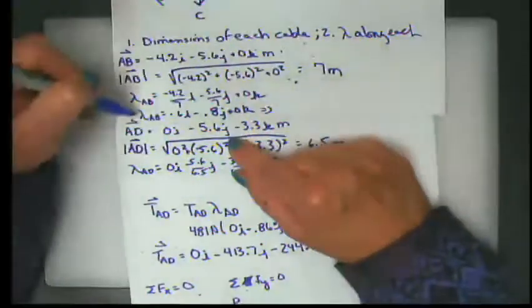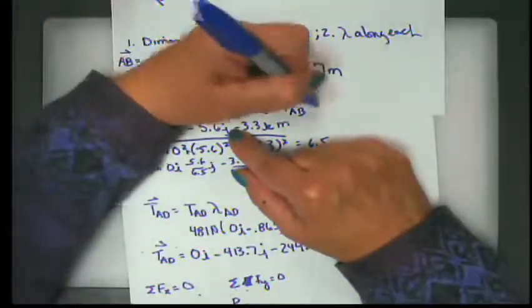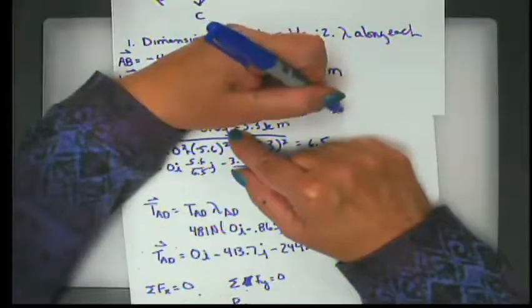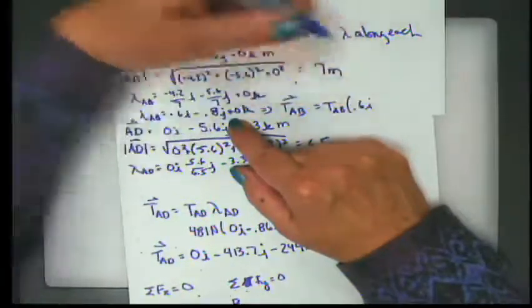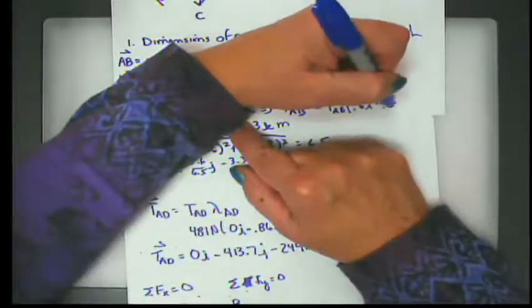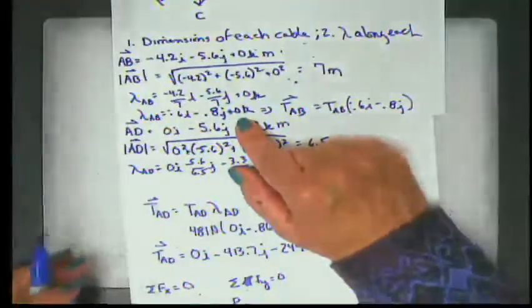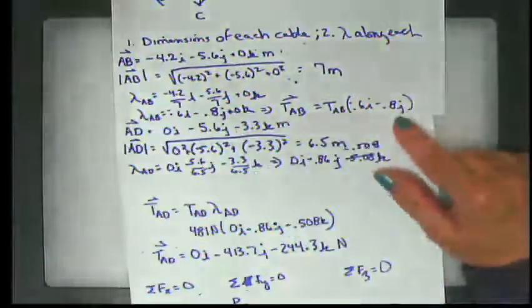Even though I don't have values, I know that the vector tension AB is going to be the magnitude of the tension AB times lambda AB. So in other words, minus 0.6i, that's a negative, minus 0.8j, and then 0k. So that's just what we put down earlier.